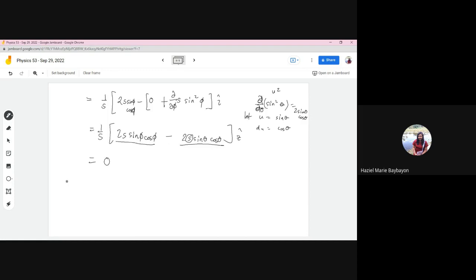So the curl, walay curl. Unsa tawag ani sa walay curl class? Solenoidal? Or sa ganito, irrotational or solenoidal.